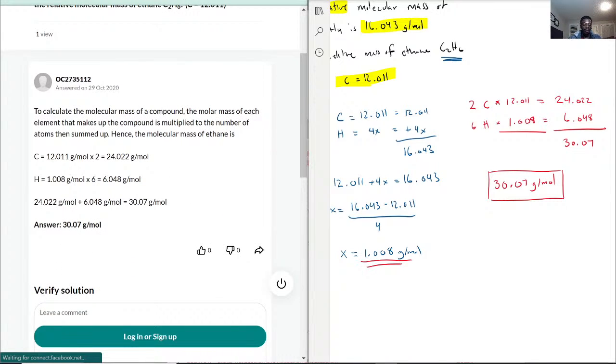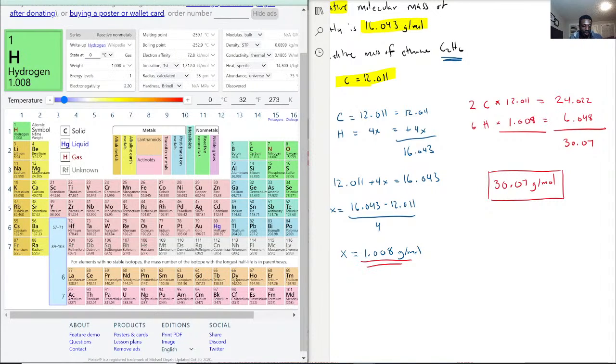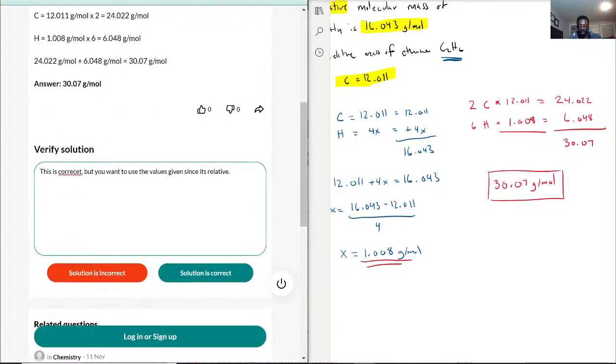This one, funny enough, they seem to have gotten the number straight from the periodic table, and coincidentally 1.008 is the value here. So realistically they are correct, but I'm going to emphasize that they got lucky. This is correct, but you want to use the values given since it's relative.